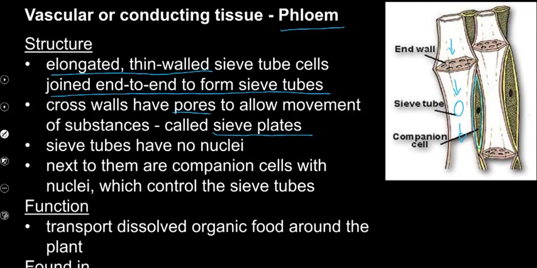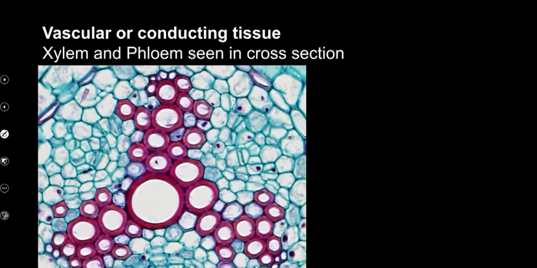Those sieve tube cells have no nuclei, and next to them they have companion cells with nuclei, and the companion cells basically control what is happening in the sieve tube. Their function is to transport food, and of course they would also be found in the same parts, the roots, the stems, and the leaf veins, because the food's got to go back down.